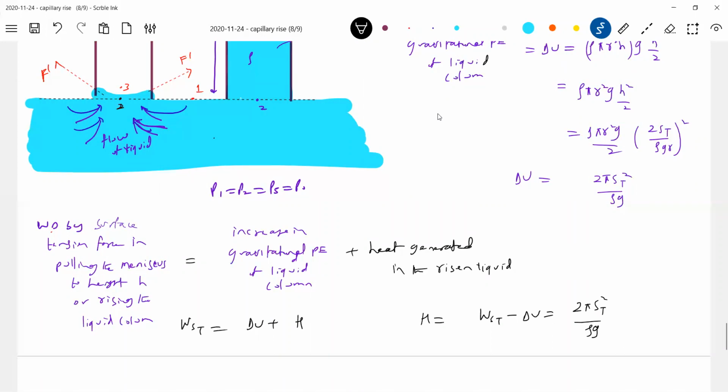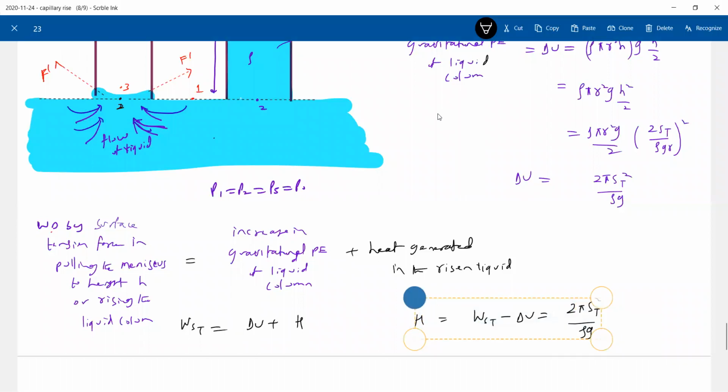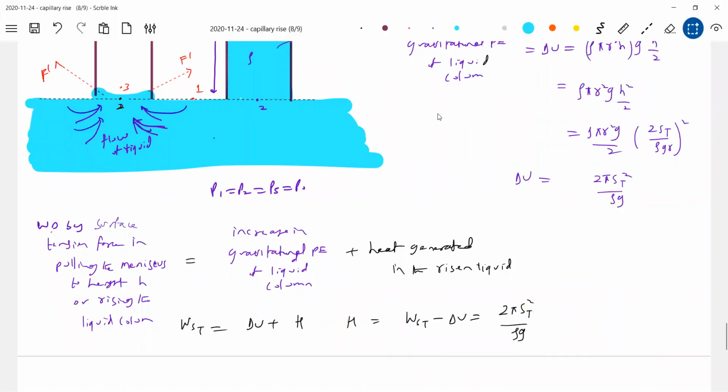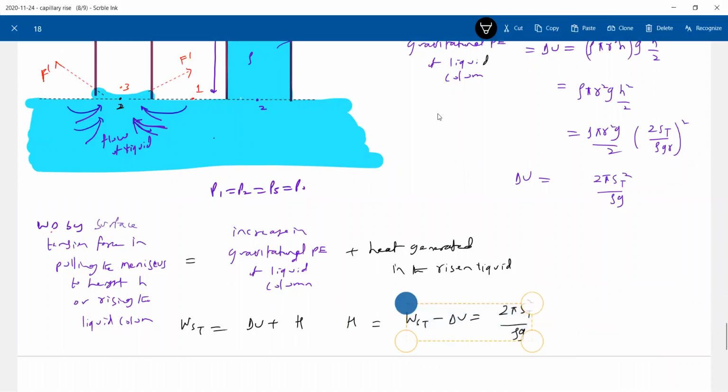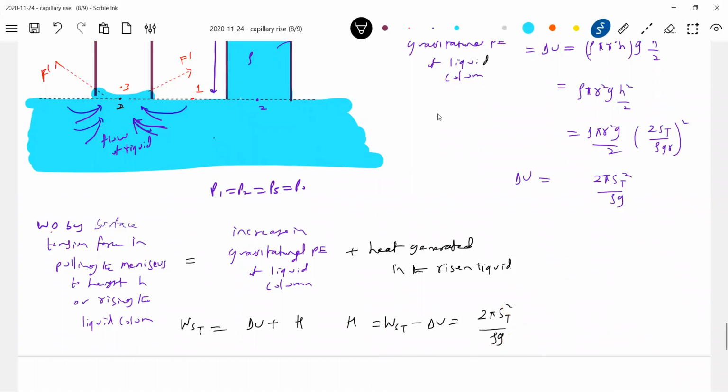These are very good theoretical things, and they will trouble you, so be careful. Therefore, in capillary rise, energy is released.